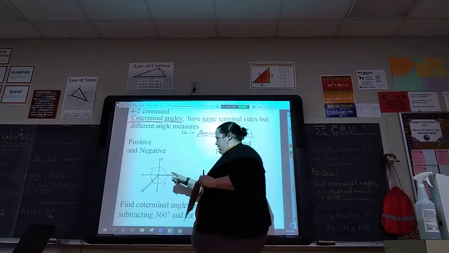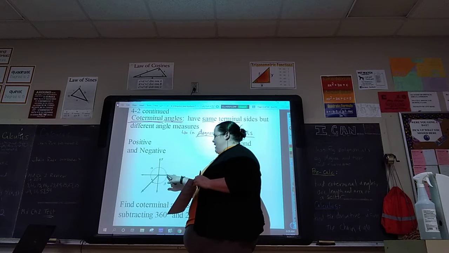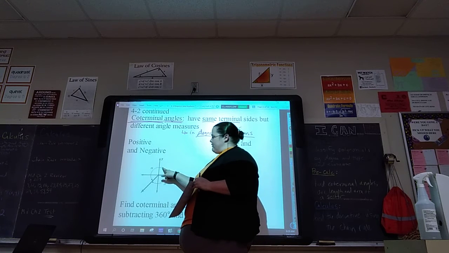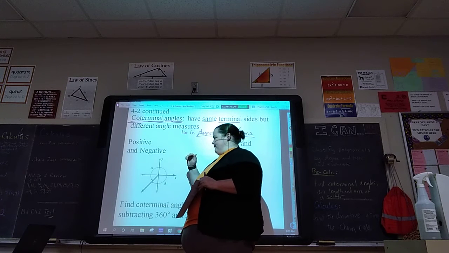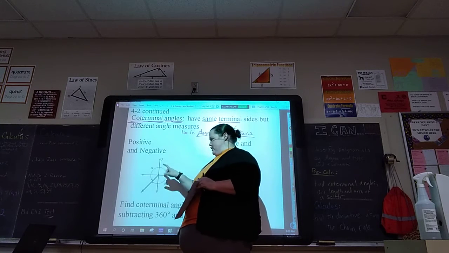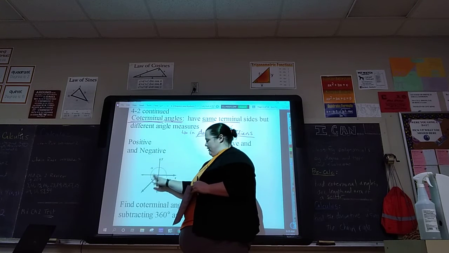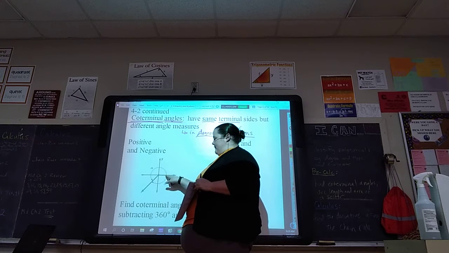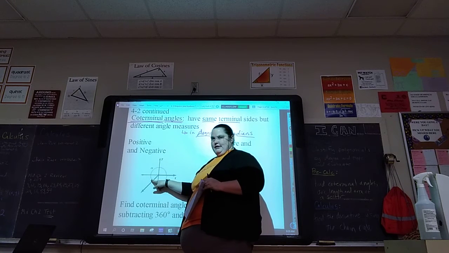Say you're given, and these are labeled with alphas and betas, or you can think of it as A and B, this original rotation, which remember, positive rotation is your counterclockwise rotation. I could give you the positive rotation for this angle, the terminal side. So I would be starting from the initial side and rotating counterclockwise to get that angle.